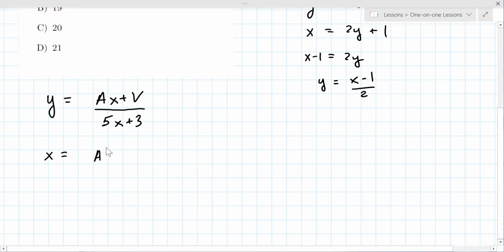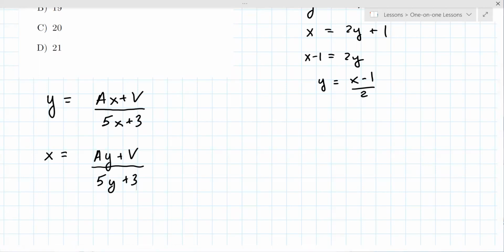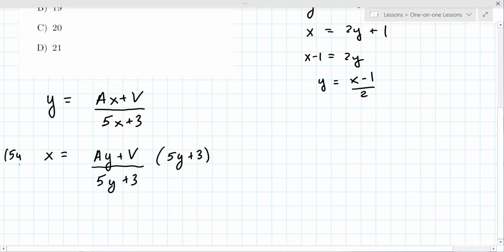Okay, is that clear so far? Then the next step is to solve for y. This one is much more difficult than the example I gave, because there are more letters and you also have a fraction. You multiply both sides by 5y plus 3.